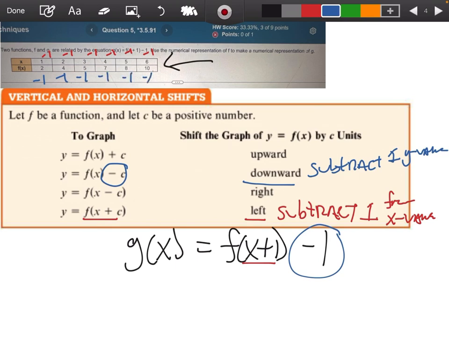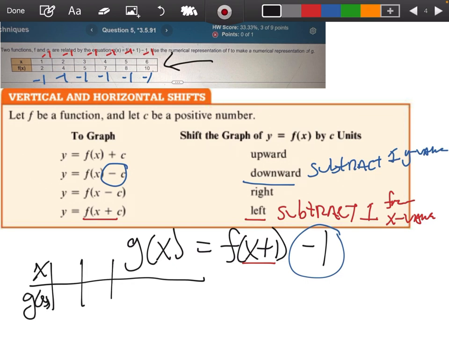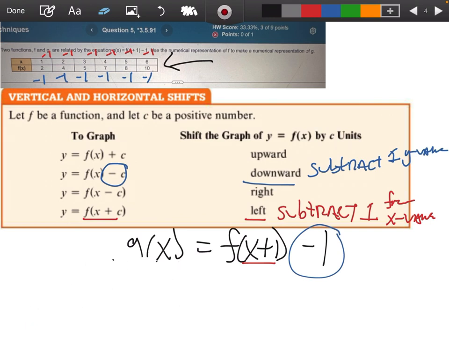And now what we're going to do is make a brand new table. So let's make a table for our x and for our g of x. Let me clean this up a little bit and write it where I got some room. We'll do it in green just to make it prettier.